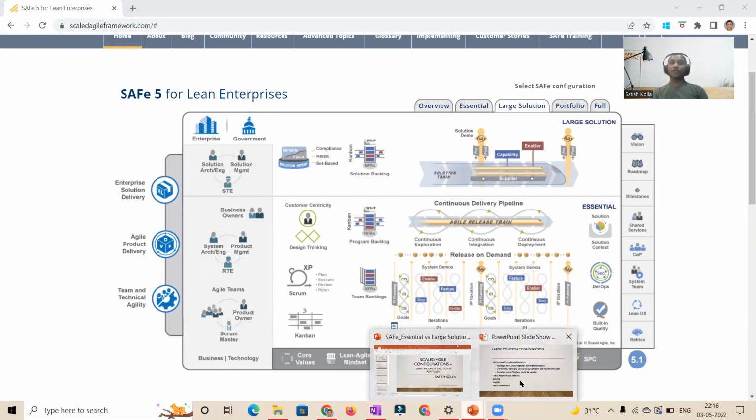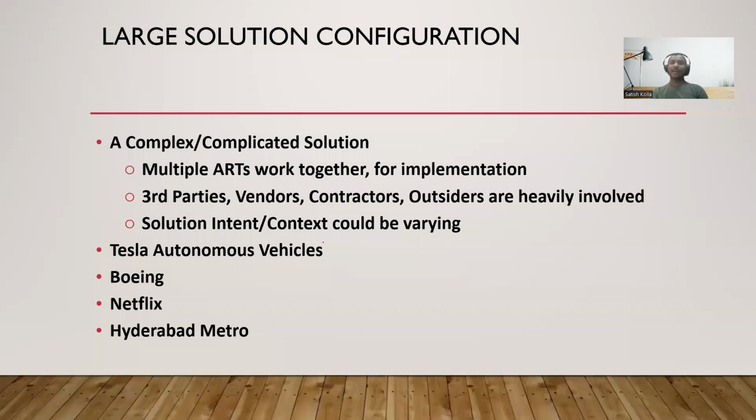So if we go back to our slide, like the Tesla autonomous vehicles, for example. Tesla came up with the idea that they want to release autonomous vehicles. So for that, they are doing all the research and analyses in different ways, from different perspectives, to come up with one single autonomous vehicle. Right?